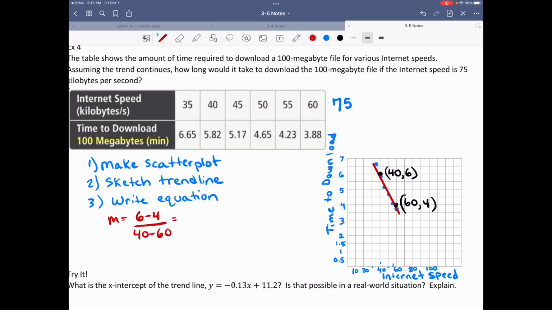That is going to equal, you do the math. Check my math, is that correct? And we can simplify this to -1/10, which as a decimal is just -0.1. That's our slope. The next thing that we have to do is put that into point slope form.